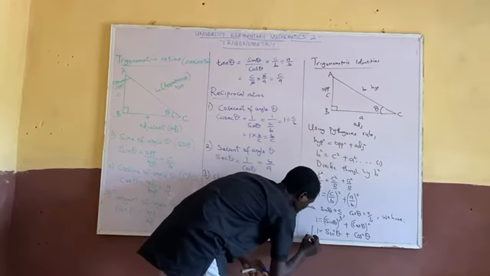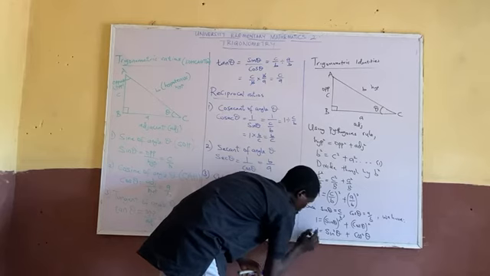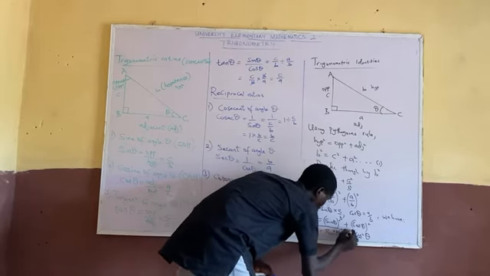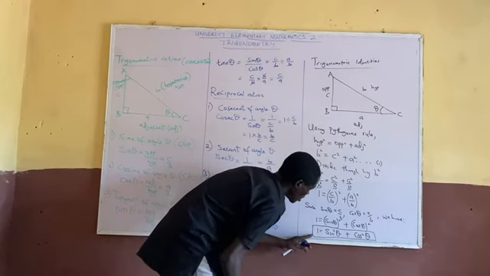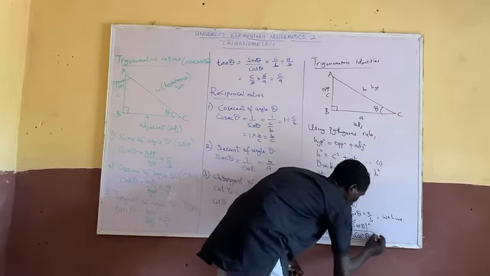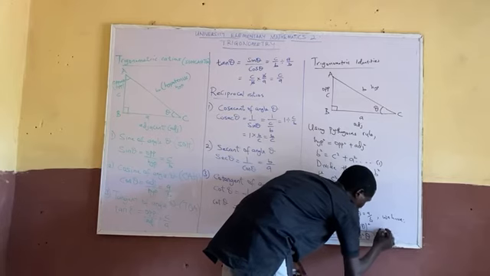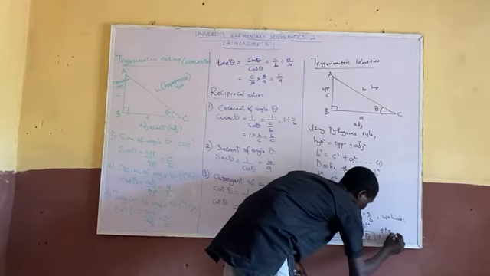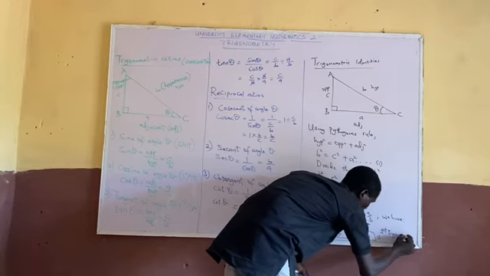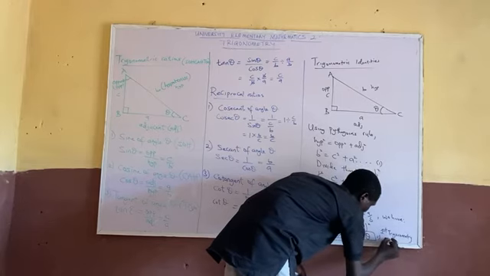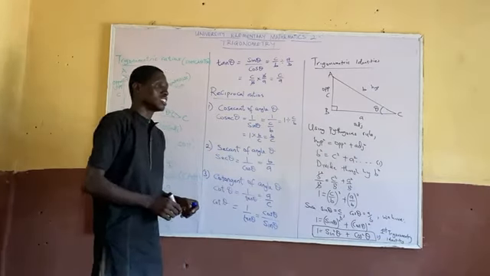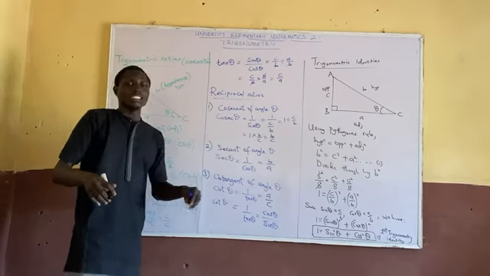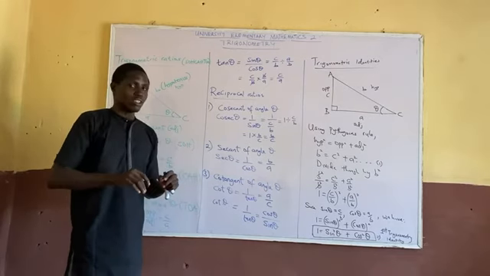This trig form that we are having here is what we call the first trigonometry identity, which is also known as the fundamental identity. It is the identity on which all other identities are built. It's just like a foundation.